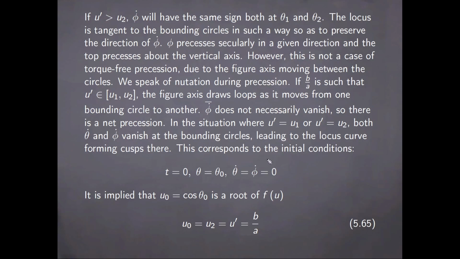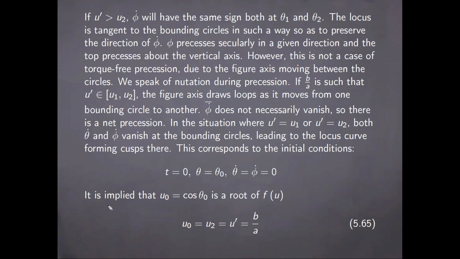This corresponds to the following set of initial conditions. So at the initial moment, the nutation angle has a non-vanishing value, theta 0, while the corresponding time derivatives of theta and phi are both equal with 0.